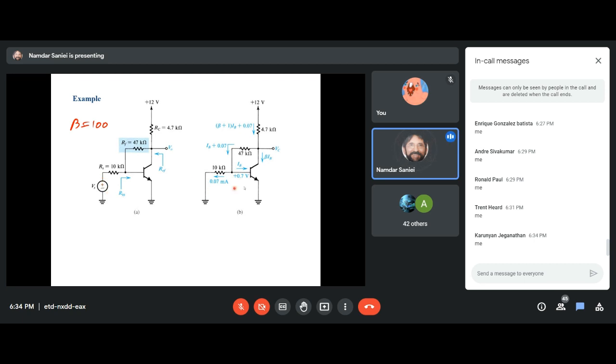Then base to emitter is 0.7, so base would be 0.7 volts with respect to the ground. What is the current going through this 10K? It would be 0.7 divided by 10K, which is 0.07 milliamp.